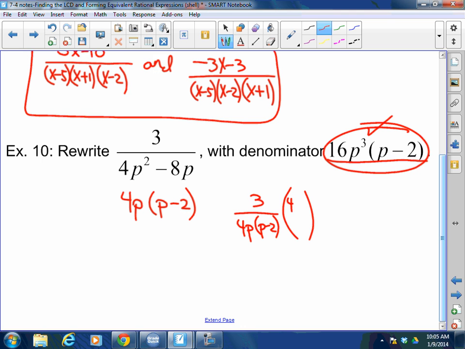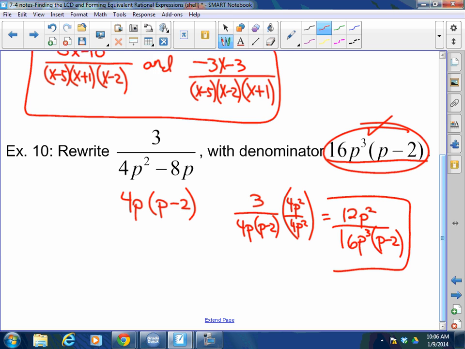Well, if you guess 4p squared, you are completely right. So now this would be 12p squared over 16p cubed times p minus 2. And once again, you have converted a rational expression.